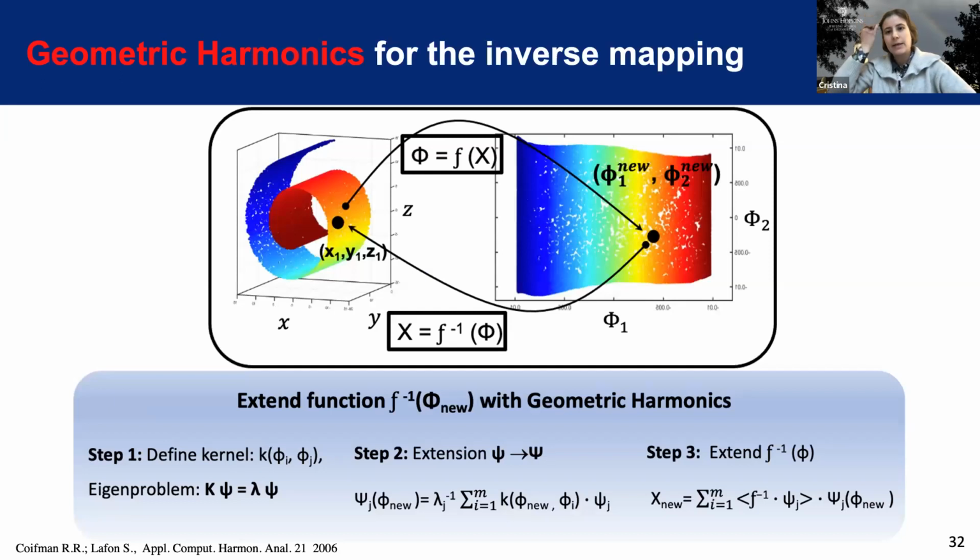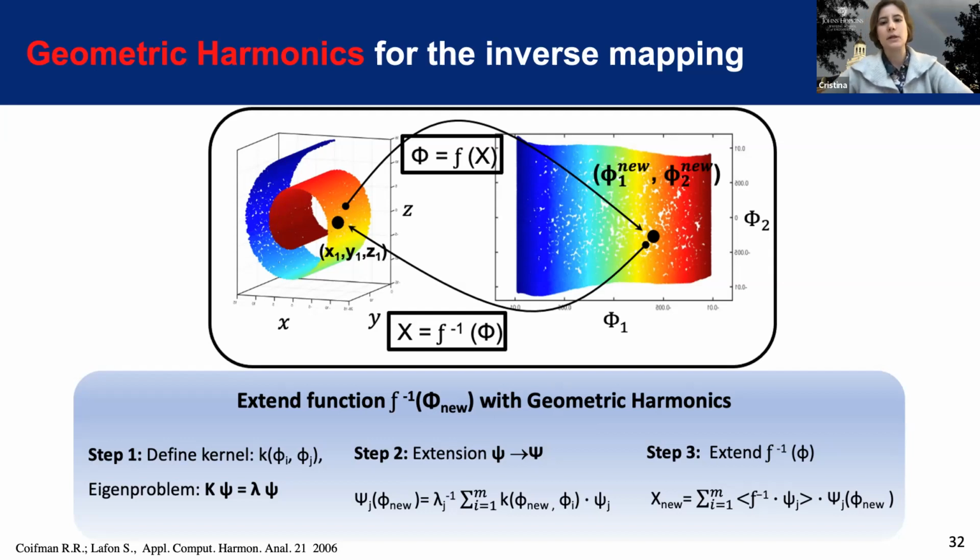Using a similar idea as Nystrom, if we want to find the inverse mapping, F inverse here in the picture, from the reduced diffusion map space back to the ambient space, there's a technique called geometric harmonics, which can be thought of as a type of interpolation method, like a neural network.